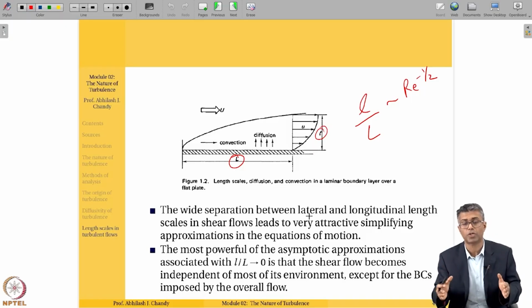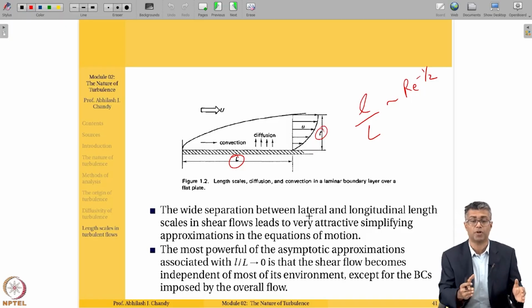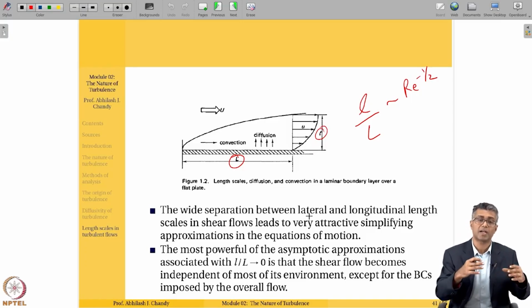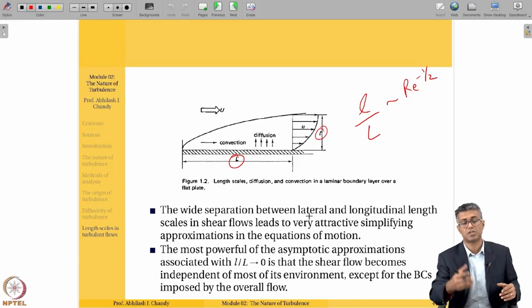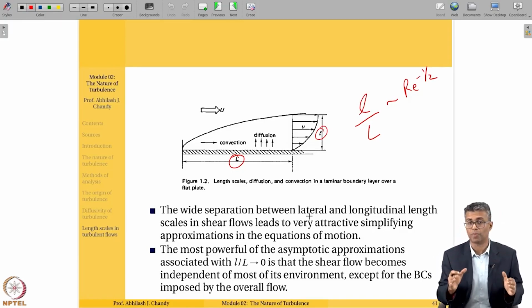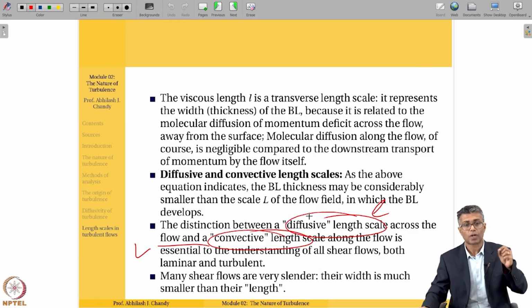Prandtl's boundary layer equations were based exactly on this point, that small l is much less than capital L. That is why he was able to make assumptions and come up with a set of equations. Blasius eventually came up with a solution for that, but he assumed the flow to be laminar. So what we have done is take these two length scales and apply them to turbulent flow as well.